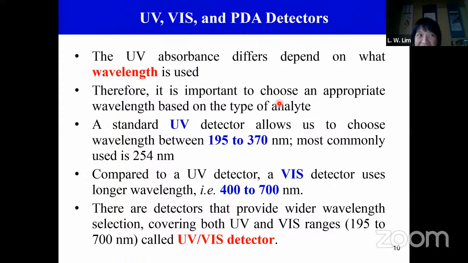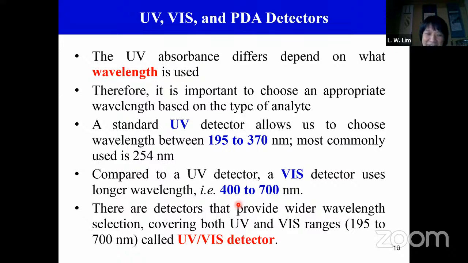So you use 210, and sometimes somebody else borrows your detector for samples that have a visible color, and they set their wavelength to, for example, 430, which is okay for them.